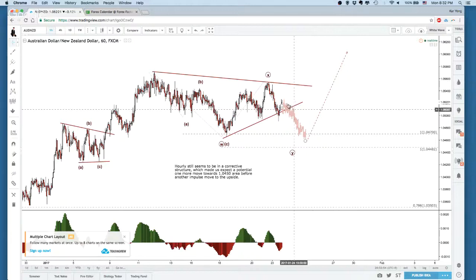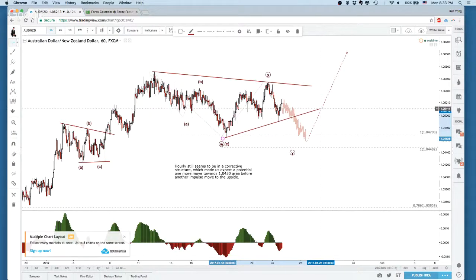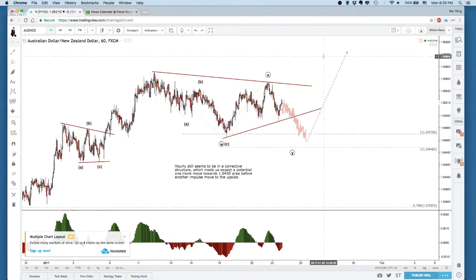We are expecting this move to come because this break up followed by a very sharp reversal is a kind of symbol that price is still currently in a consolidation. It's not yet ready to go higher.